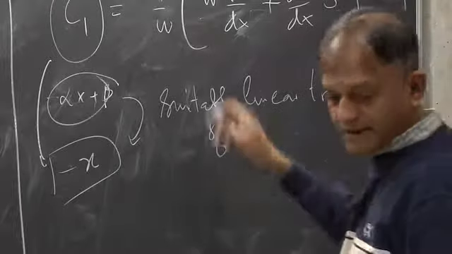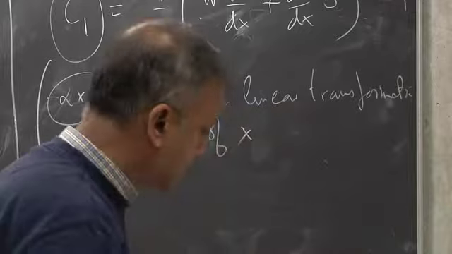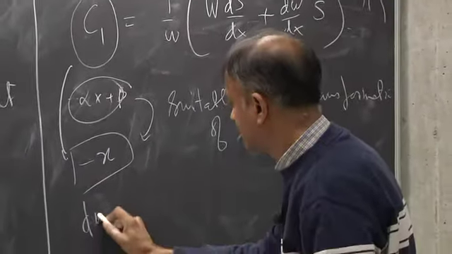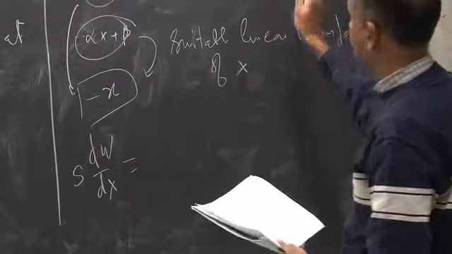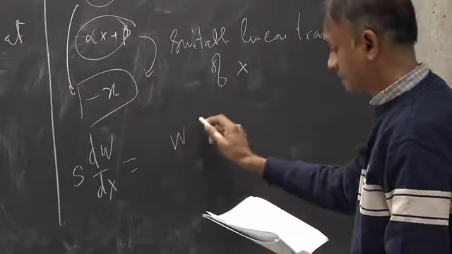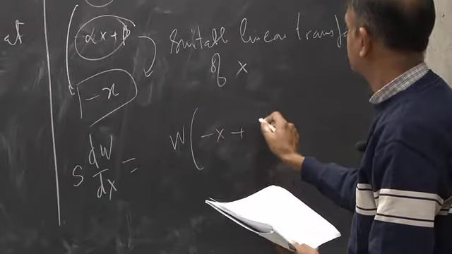Okay, so let's rewrite this as an equation for dw by dx. You find dw by dx times s is equal to w times c1, which is minus x, plus ds by dx.